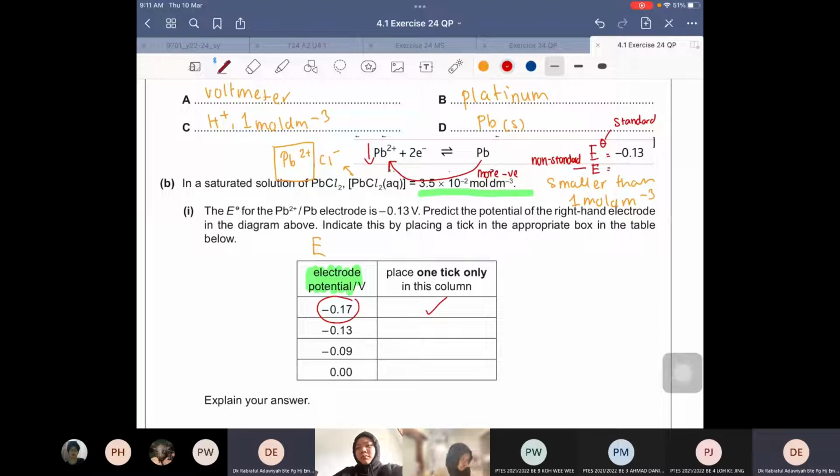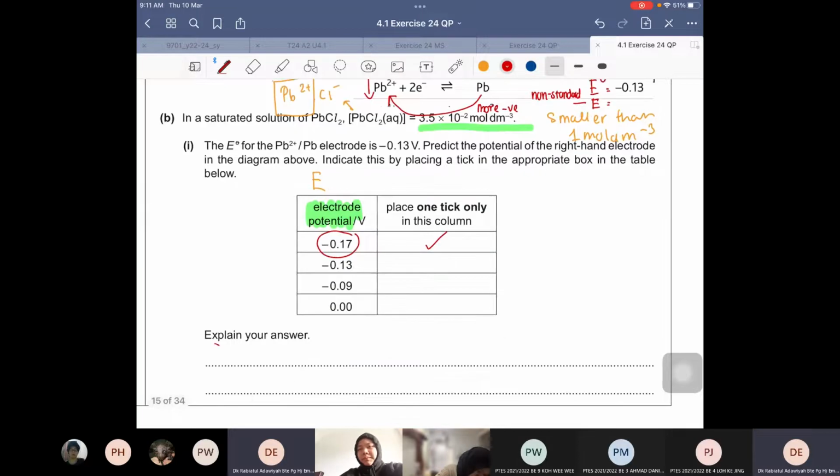The explanation for this, we say that, okay, so concentration of Pb2 plus decreases.